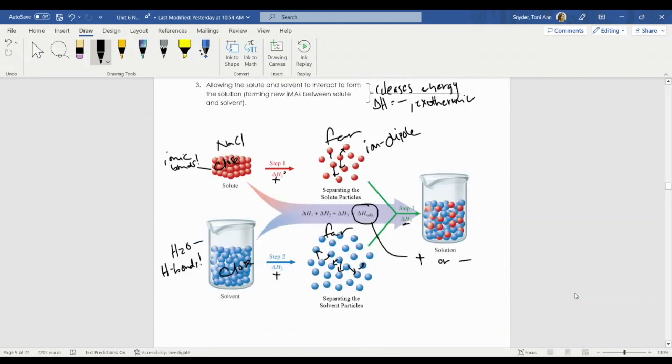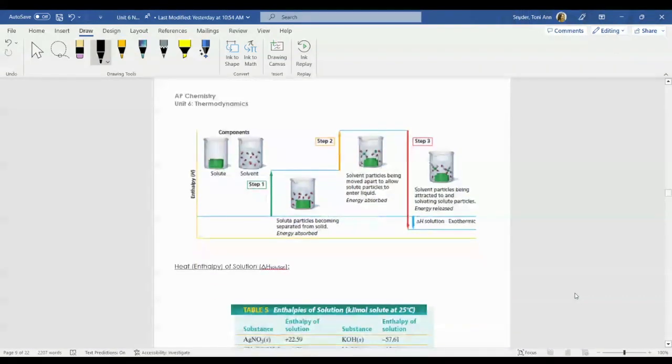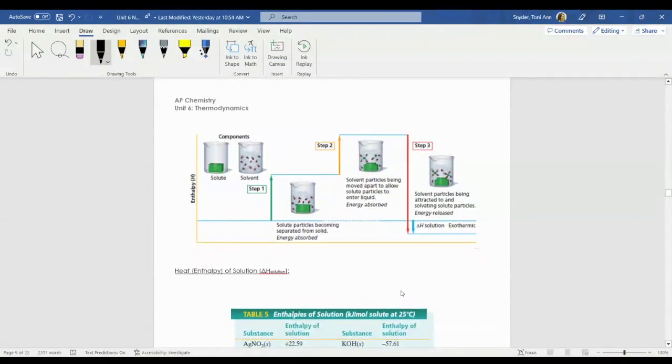So let's take a look at another image here. I like both of these images for 2 different reasons. So here's a graph of enthalpy versus, I don't know, we'll say time. We'll say time is on this axis right here. So step 1, I have my solute and my solvent right here. Okay, they're separated at first.